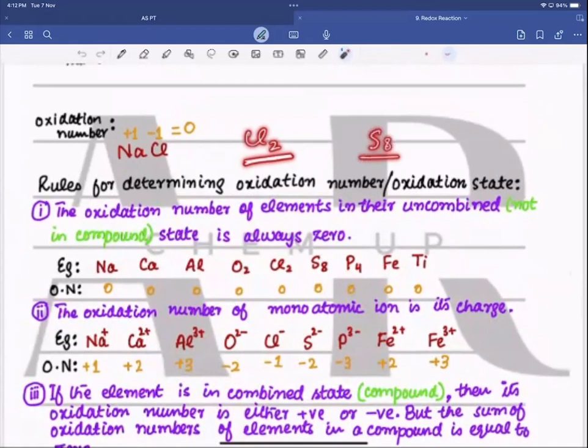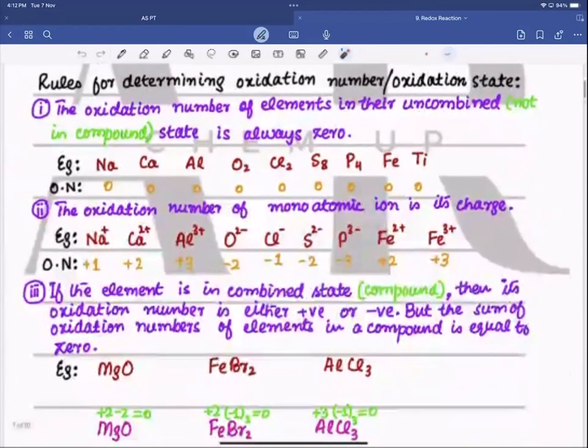It's an element. But if I write HCl, then it's a compound. Yeah, good, Khatija. So the oxidation number of elements is always zero. They are not ions, they are in the form of atoms, right? So the oxidation number is zero in this case.